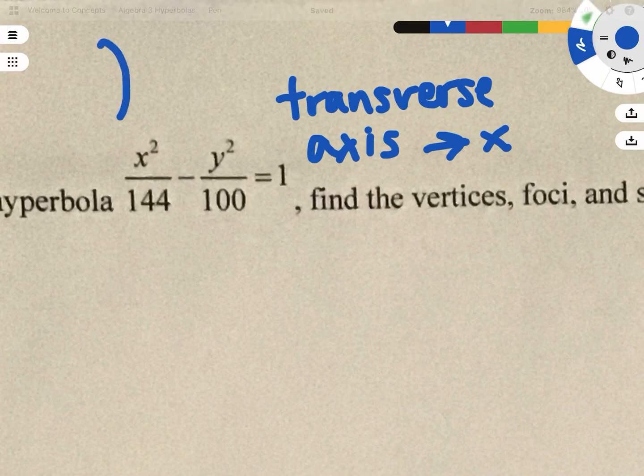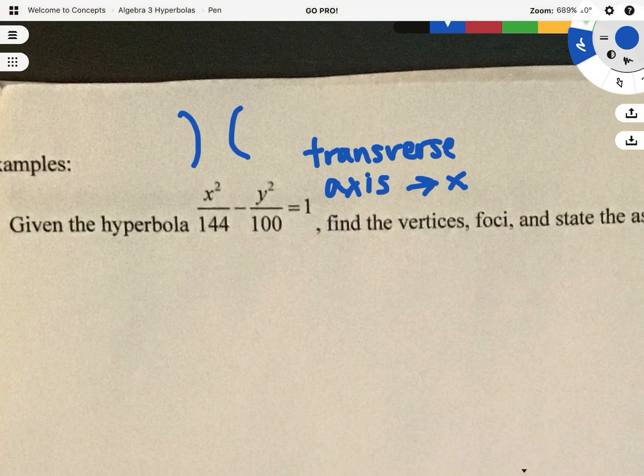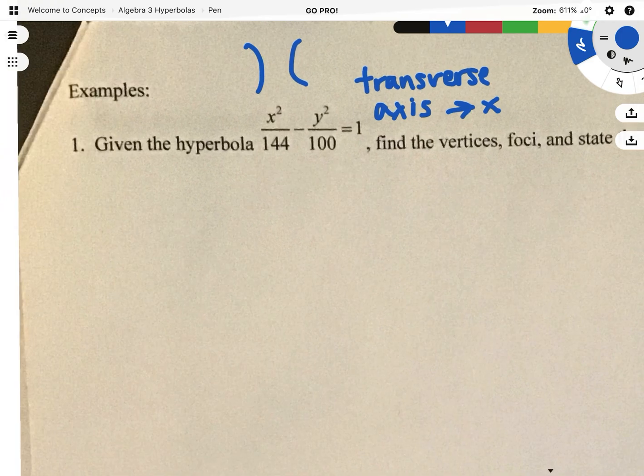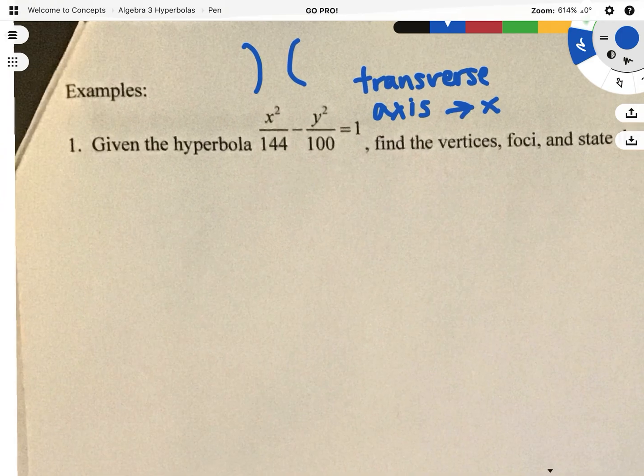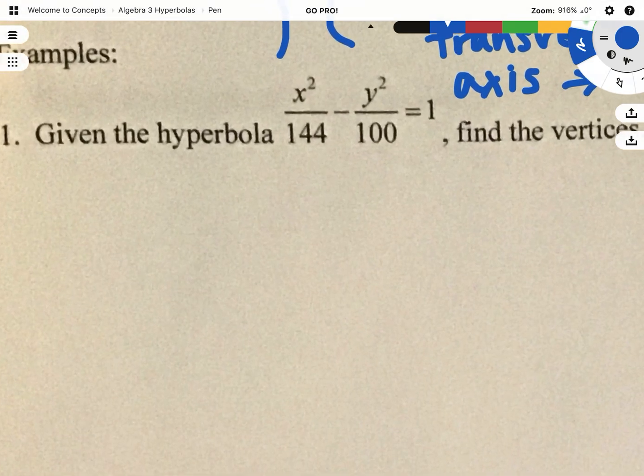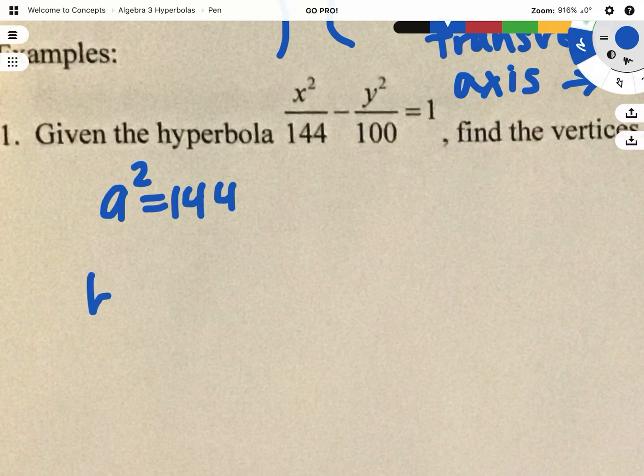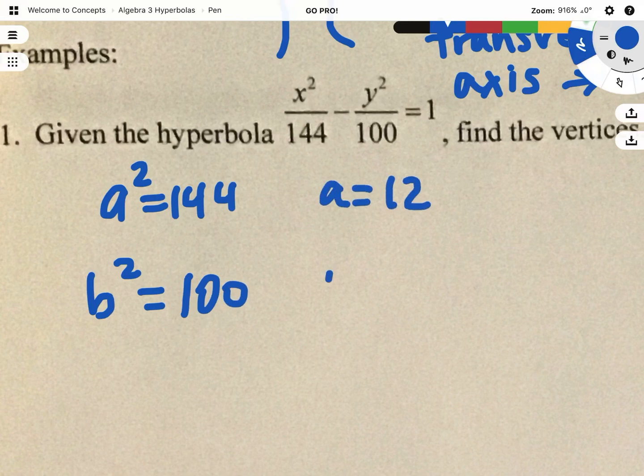So that means it's going to be opening horizontally, something that looks like that. Okay, so this 144 equals a squared. So a squared is equal to 144. B squared is equal to 100. And so we get a equal to 12 and b equal to 10.